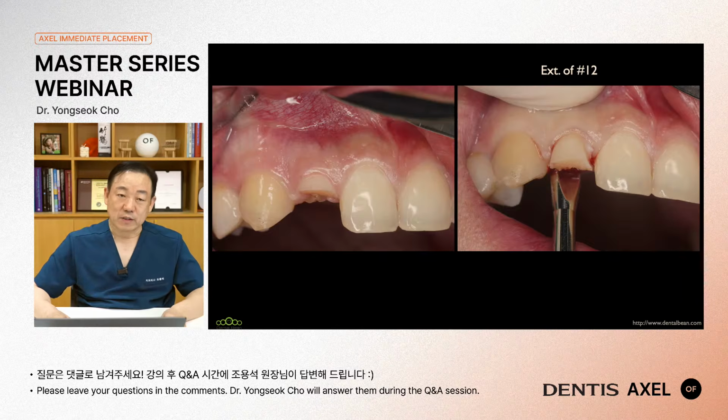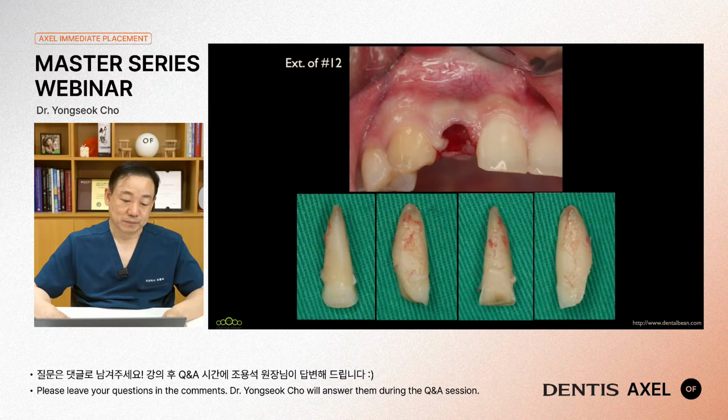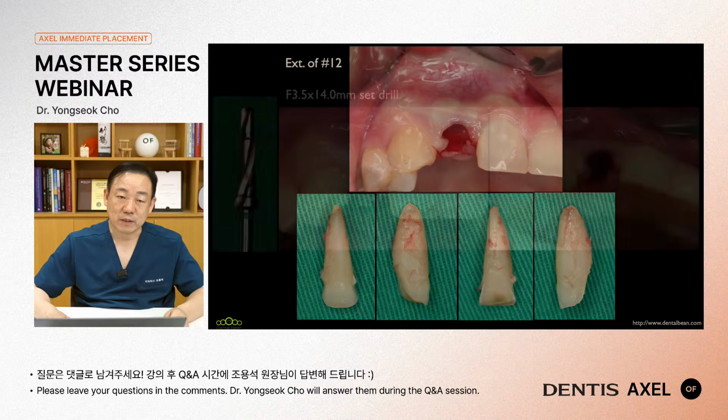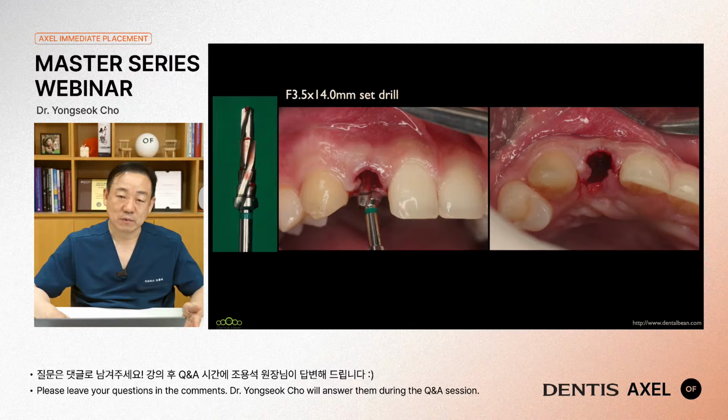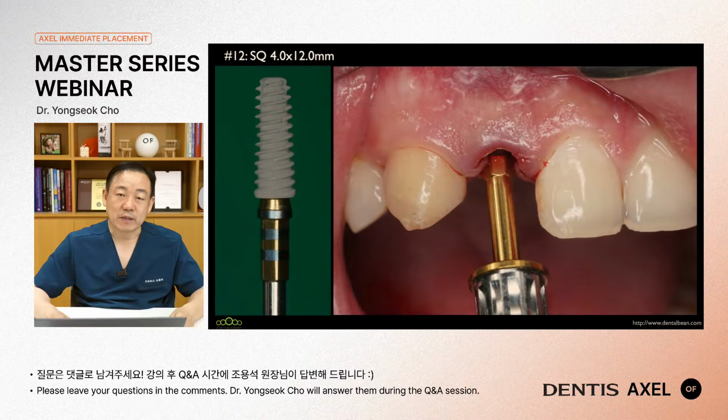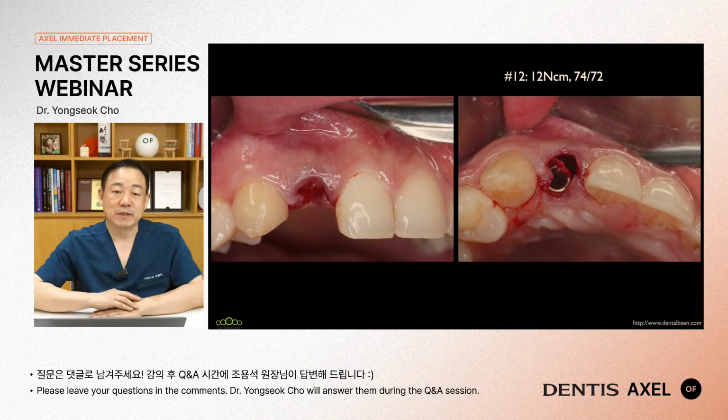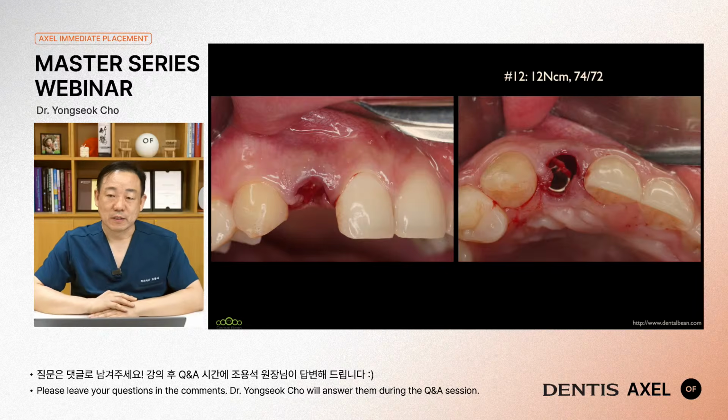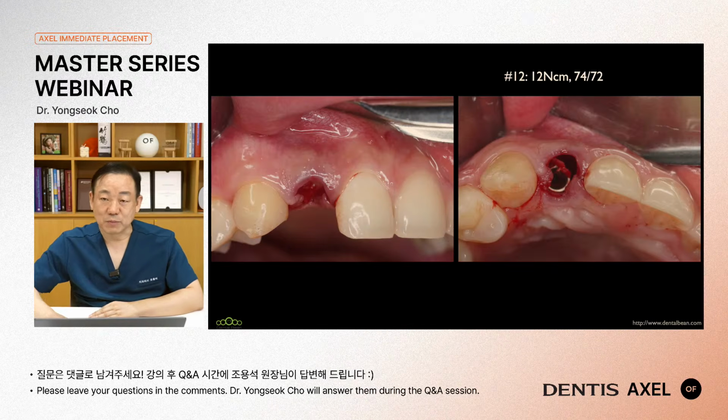Here I extracted the lateral incisor with a root elevator, and then prepped the osteotomy as I mentioned before. At that time I used a Dentis SQ implant, diameter 4 mm and length 12 mm. After placing the implant deep enough, I checked the position of the implant.